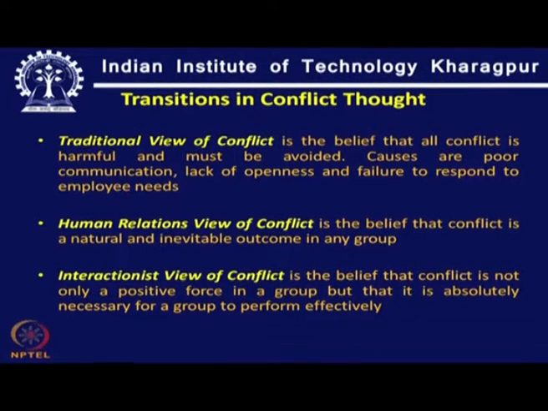Because there are so many members with individual differences, it's inevitable that conflict arises from differences in interest level, attitudes, values, and personality patterns. So, the human relations view holds that conflict is a natural and inevitable outcome in any group.